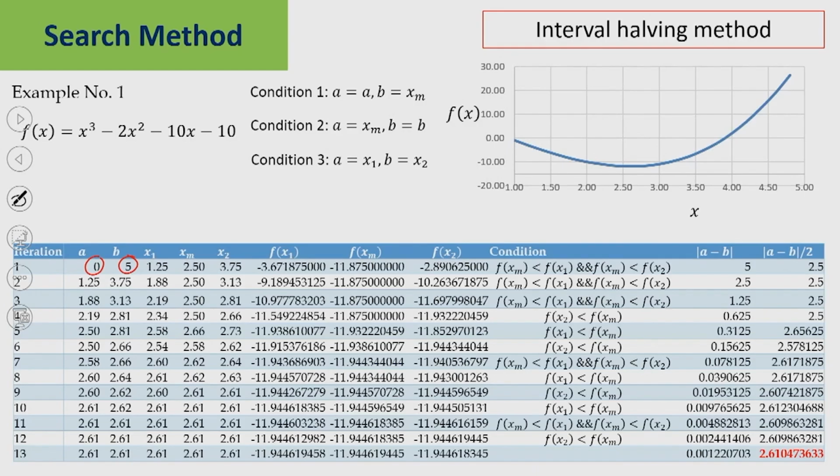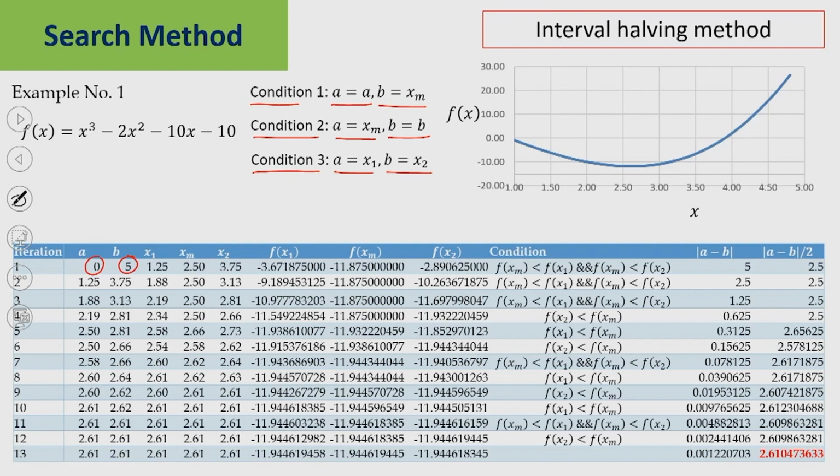If condition 1 is true, A equals A and B equals x m. If condition 2 is true, A equals x m and B equals B. If condition 3 is true, A equals x 1 and B equals x 2.